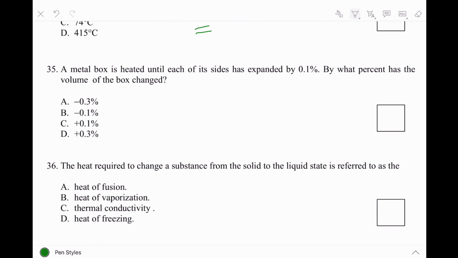Now, this is just telling you that the coefficient of expansion of the volume is 3 times the linear. If this is 0.1% expand, the overall expand is 0.3% positive.